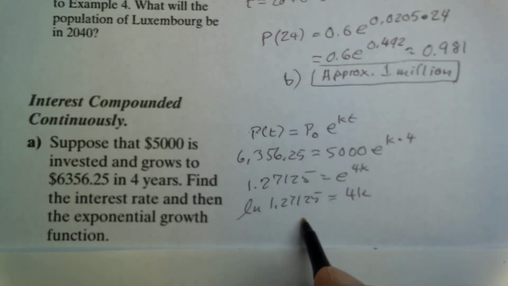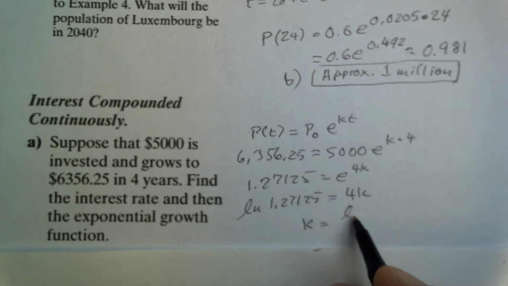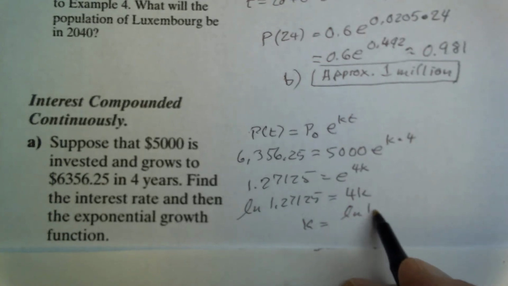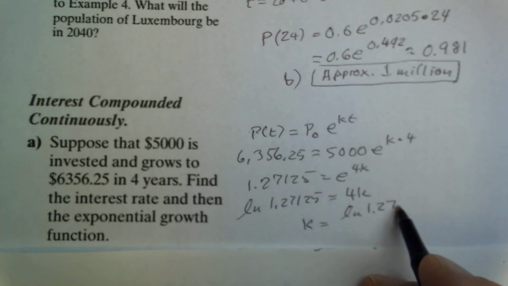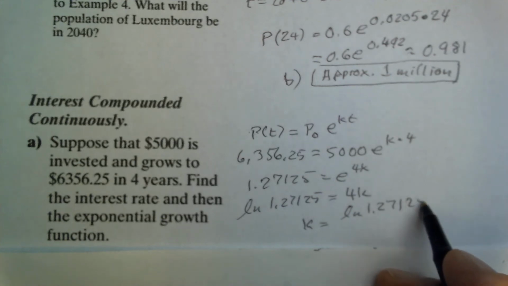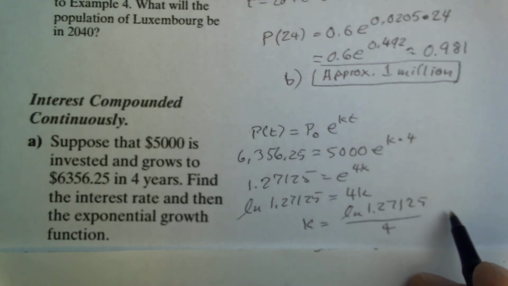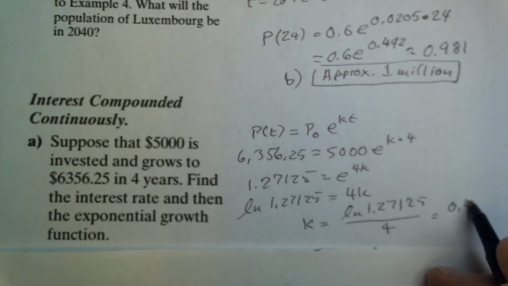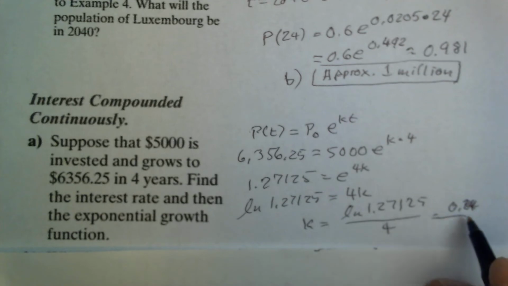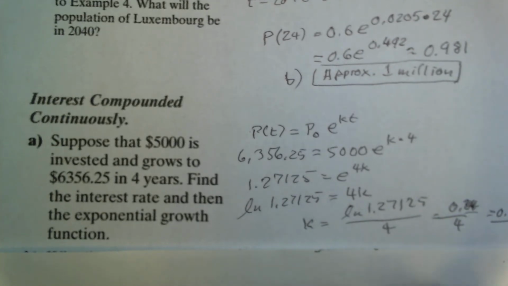So then k is equal to the natural log of 1.27125 divided by 4, and that's equal to 0.06 or 6%.